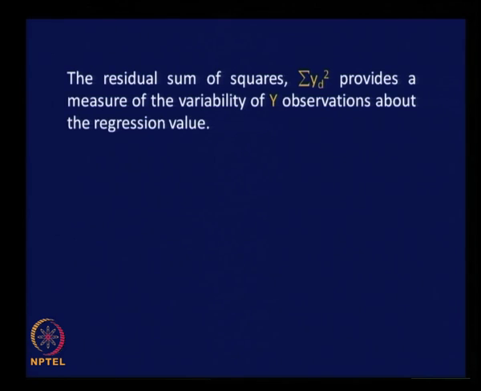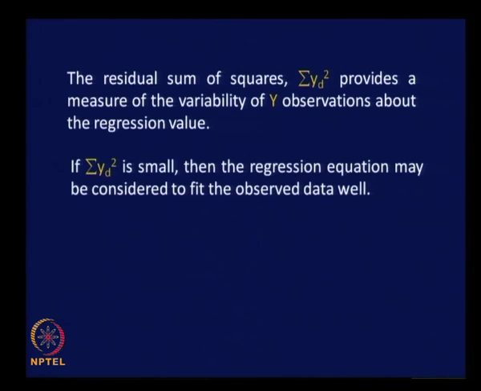The residual sum of squares sigma y d squared provides a measure of the variability of Y observations about the regression value. That is what we have seen graphically also, and if y d squared is small, then the regression equation may be considered to fit the observed data well.